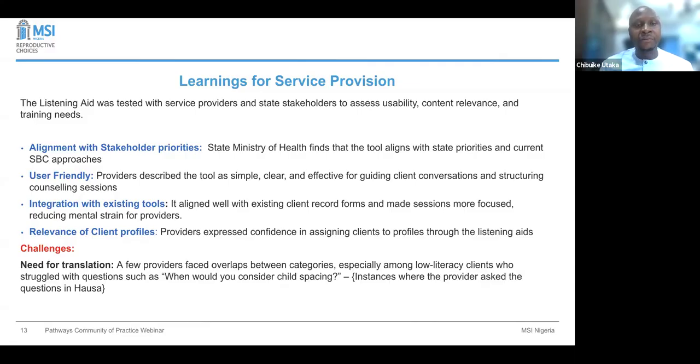We also found the same translation challenge: if they are administering the English version in Hausa, there's a kind of overlap. So the recommendation here is to have a Hausa version created for these two as well. Next slide.